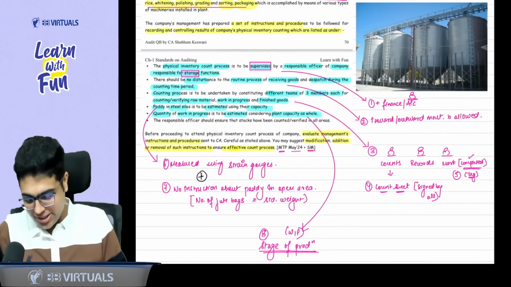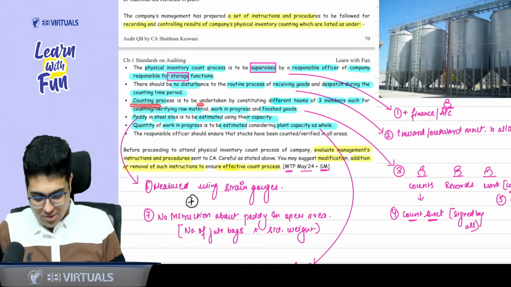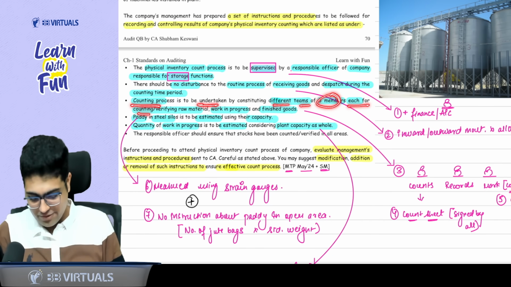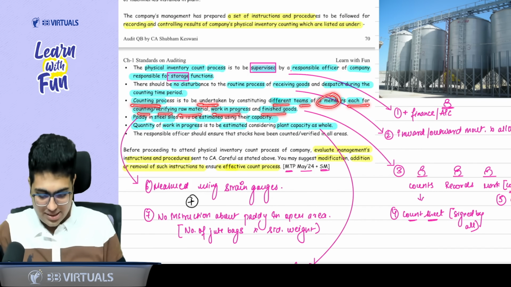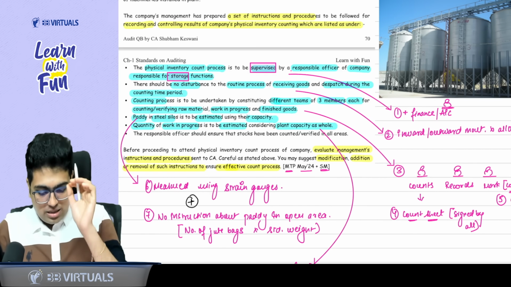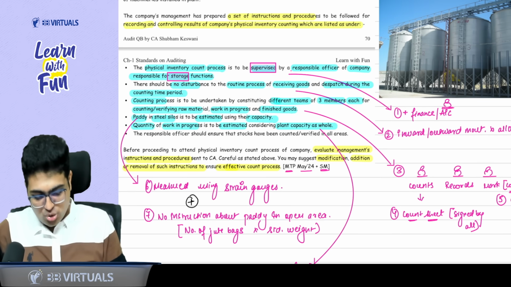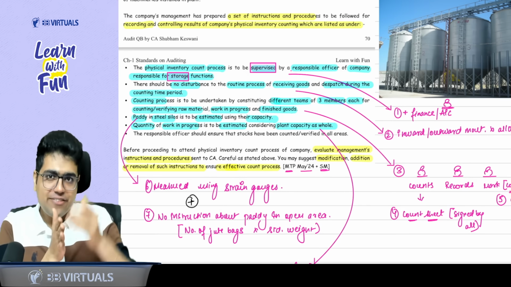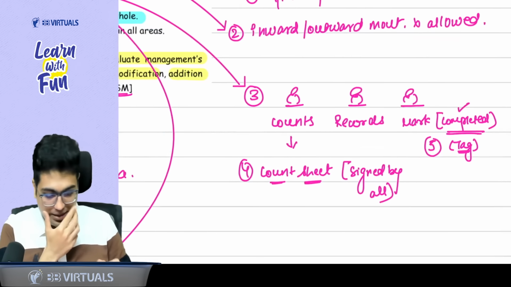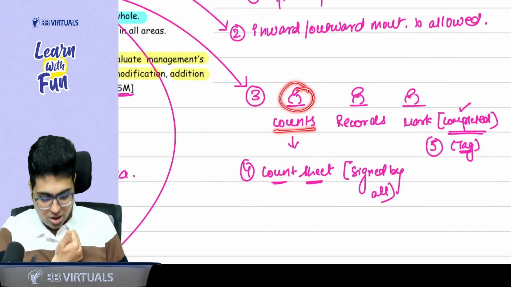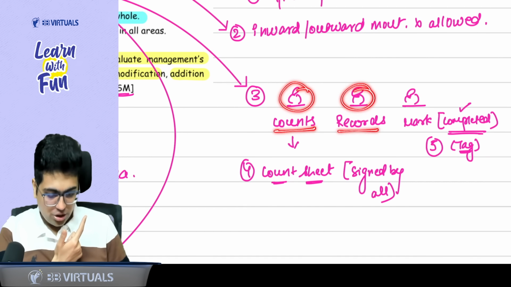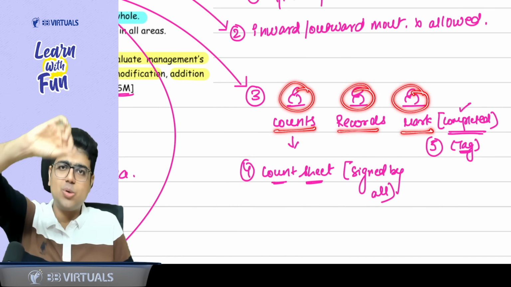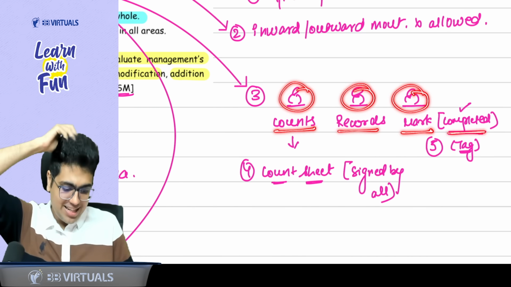Got it. Third point. Counting process will be done by different teams of 3 members each for counting and verifying the raw material, work in progress and finished goods. Tell me one thing. Should all 3 members be involved with counting? No, sir. We should divide the work among these 3 members. Divide means one person should count, another person should record, and the third person should put a mark that this area counting is completed.